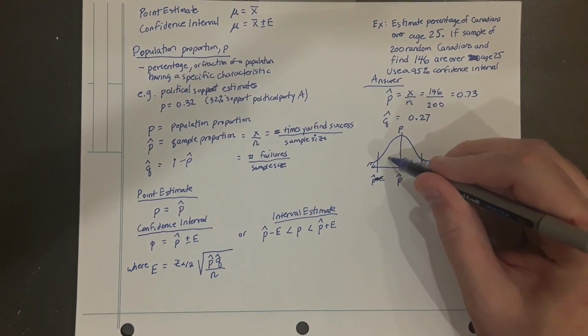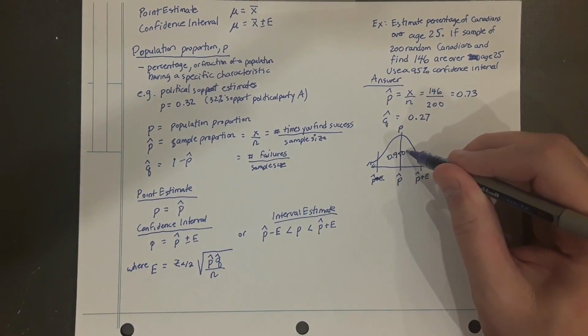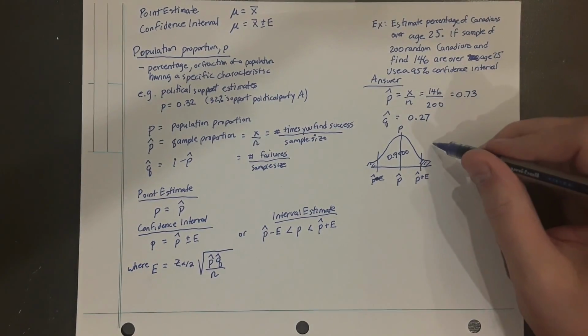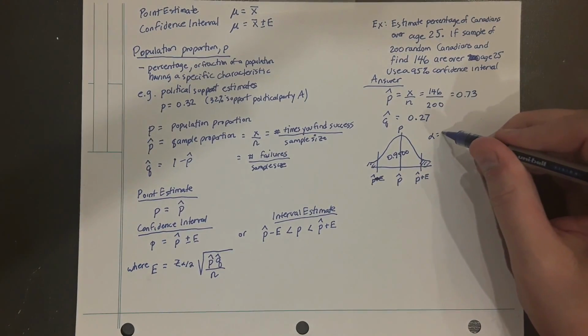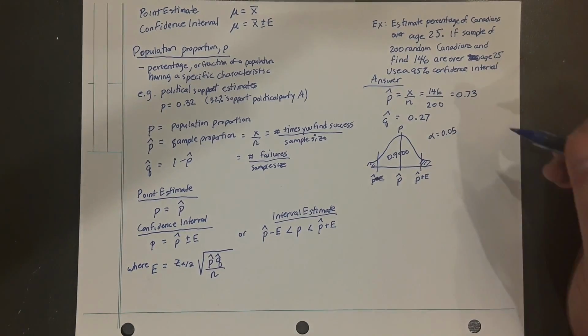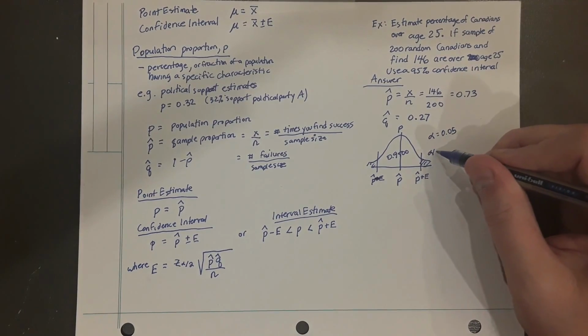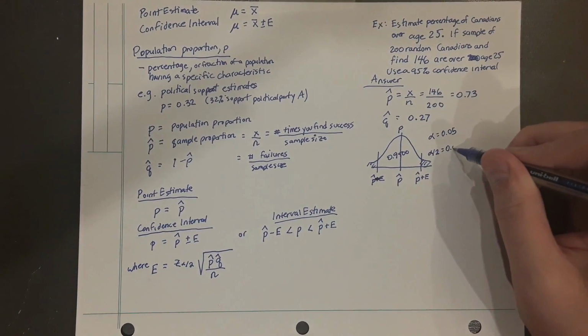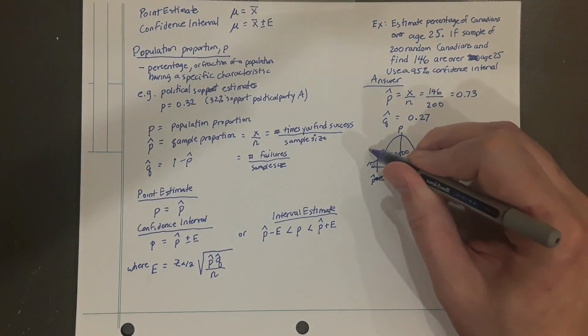If we have a 95% confidence interval, that means there is 5% total in the two tails, which means each tail contains 2.5%.